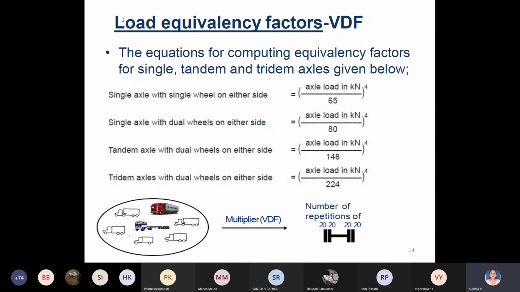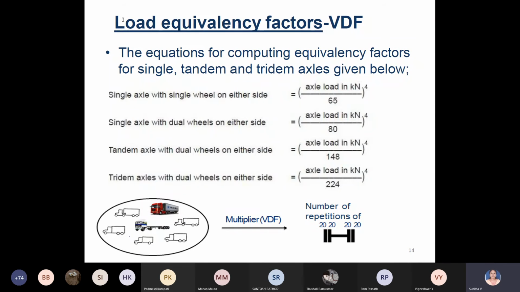The equation for computing the load equivalency factor is, if it is a single axle with single wheel on either side, the axle load divided by 65, raised to 4. This is the way you have to find the vehicle damage factor.